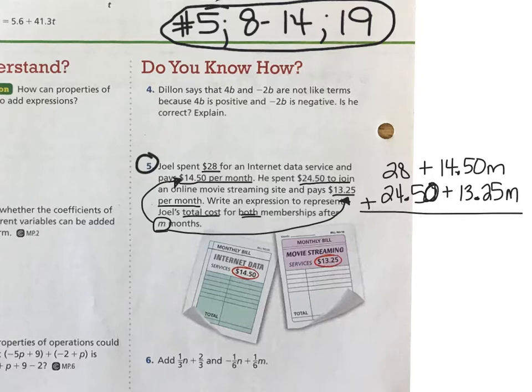So in order to join the movie streaming and get the internet data, he has to pay up front a total of $52.50. Then every month that he has both the internet and the movie streaming service, he pays another $27.75. So this is like a setup fee that he pays once.